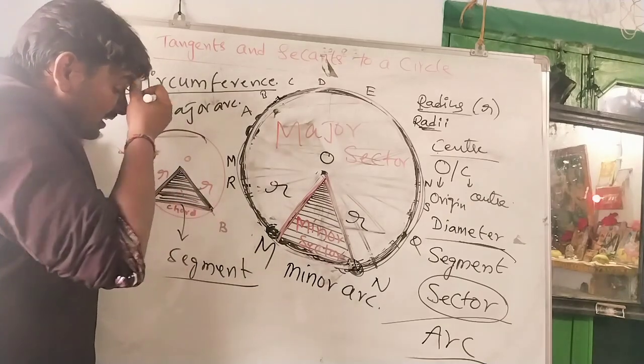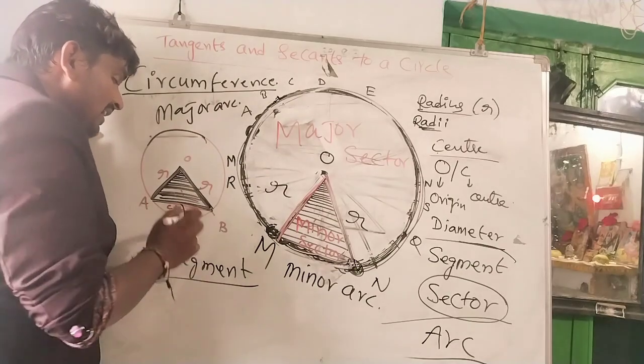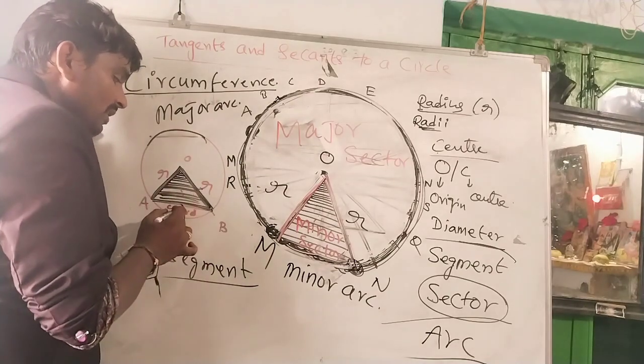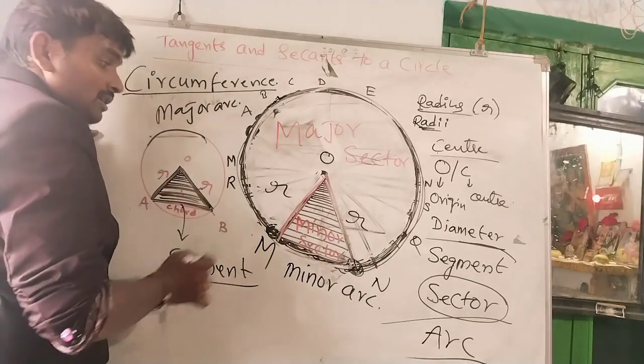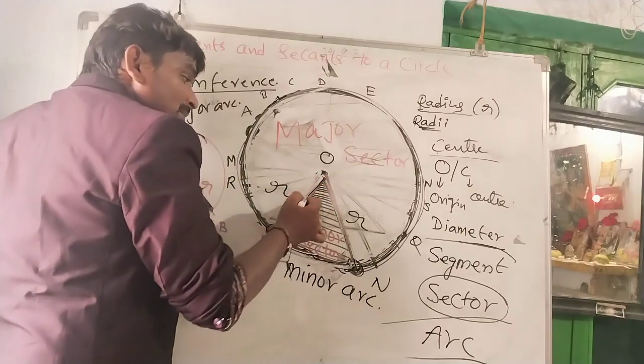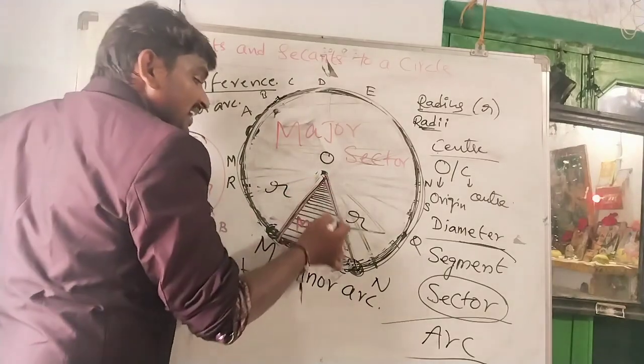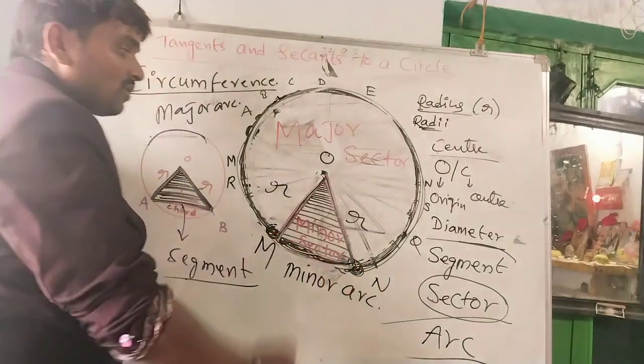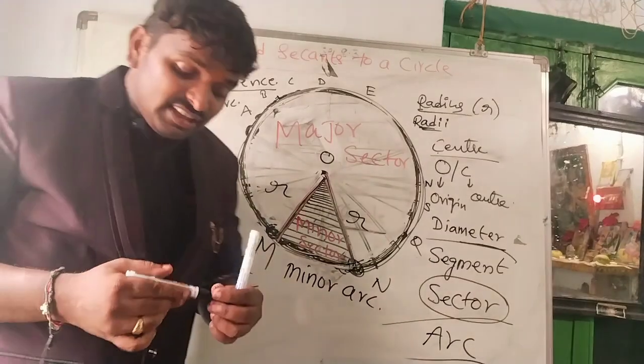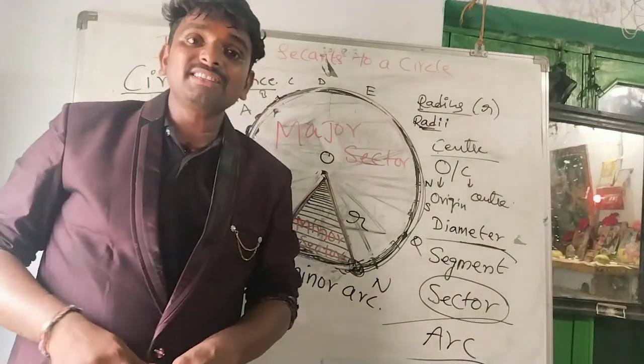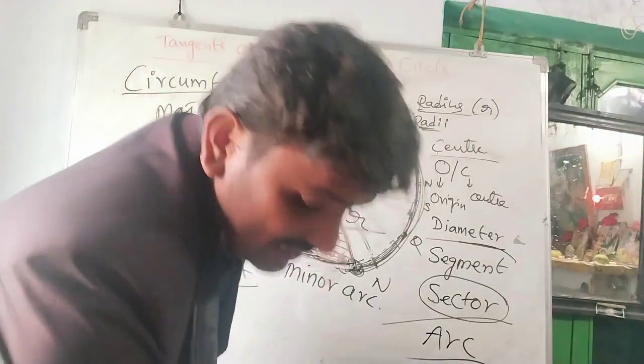The area between two radii and one chord is called a segment. What is sector? The area between two radii and one arc is called sector. So these are the various parts involved in a circle.